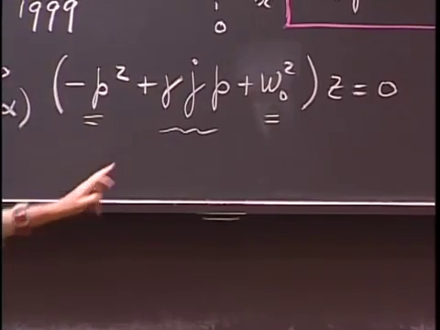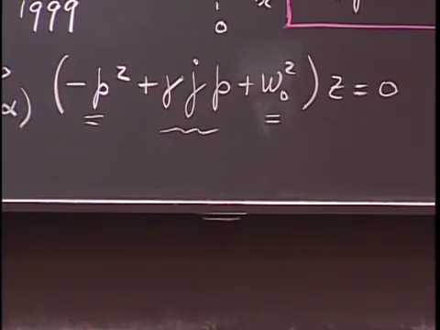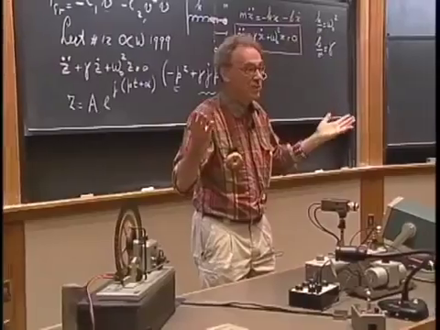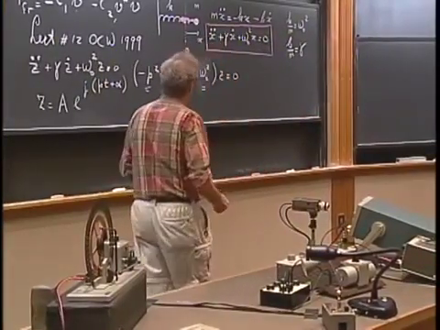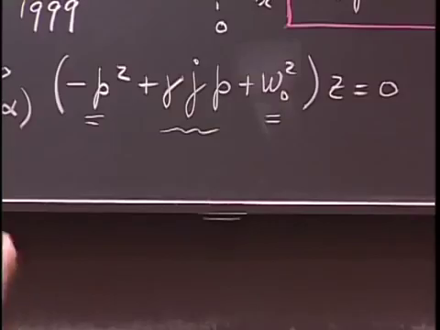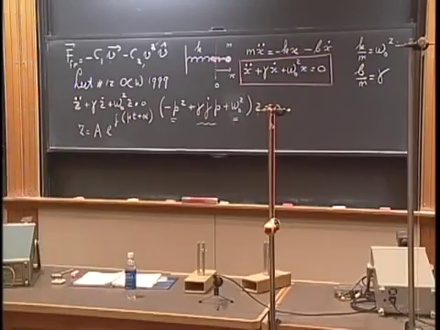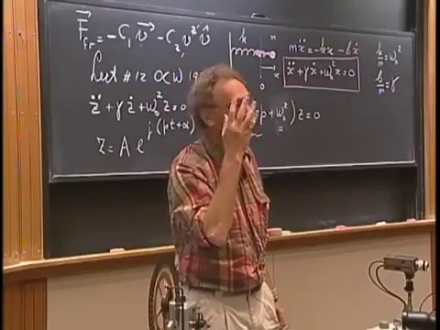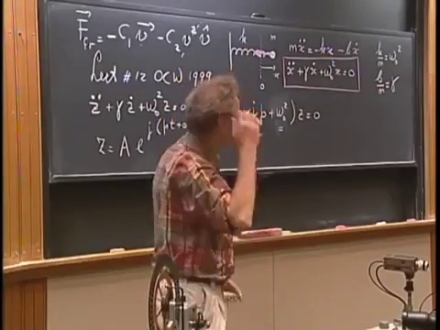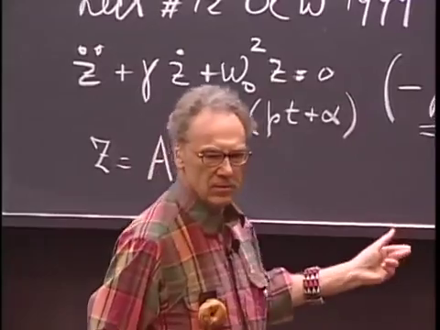Now, if you make gamma 0, you have no problem. There is no damping, so that's ridiculous. If you make p 0, then you no longer have any oscillation going on, because that pt is going to be the oscillatory thing. So that's also unacceptable, and so this won't work.